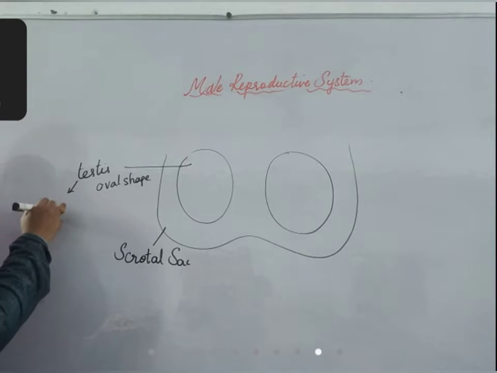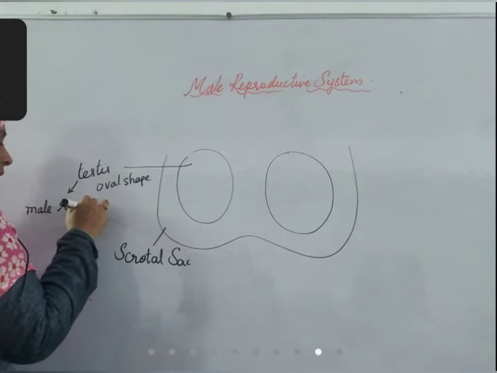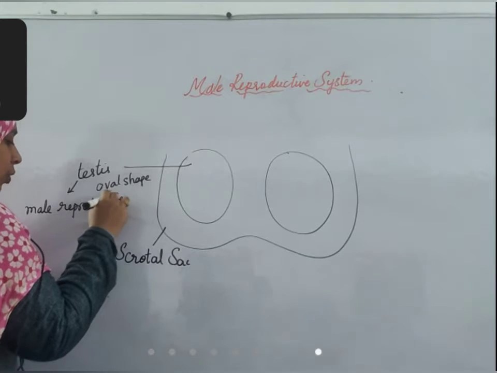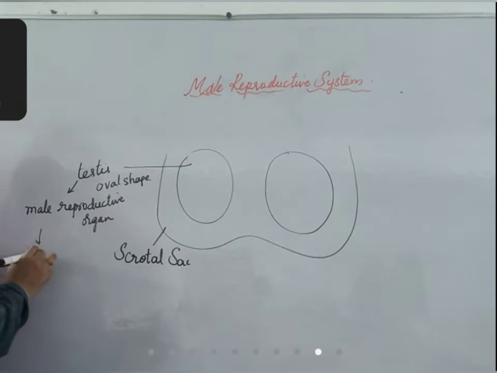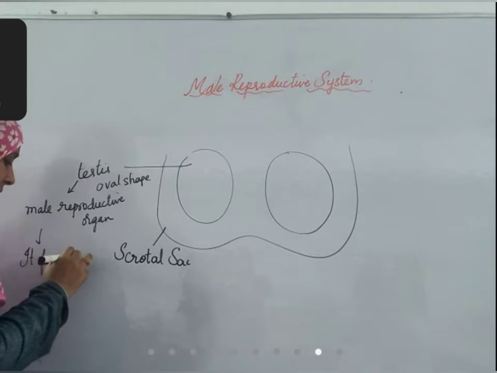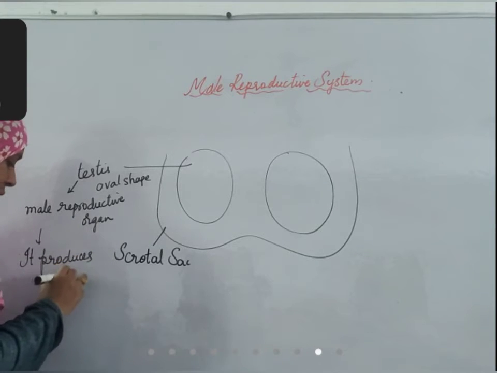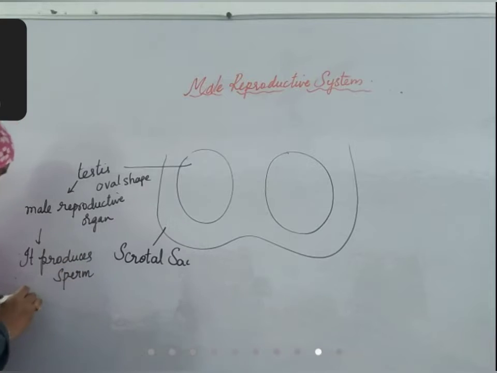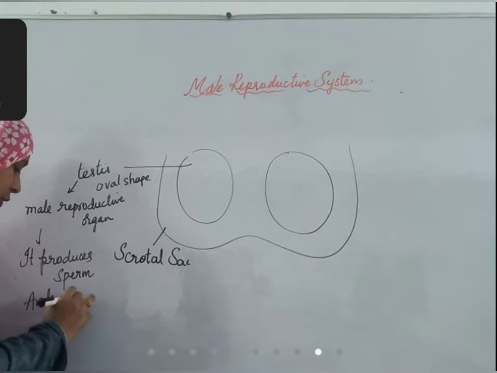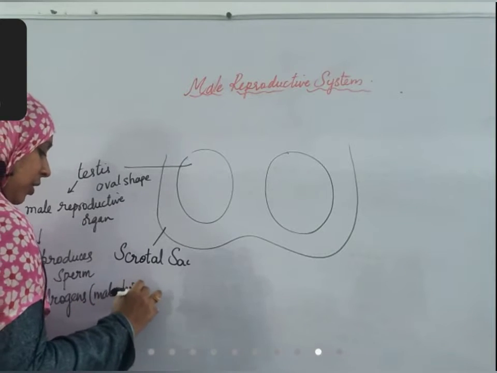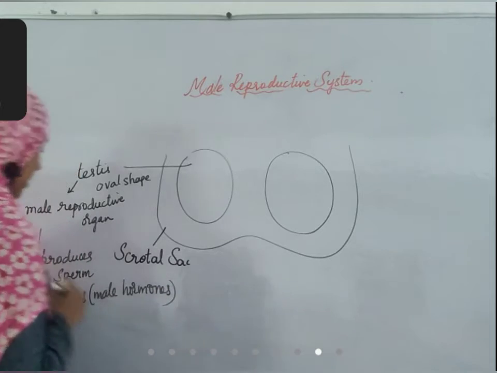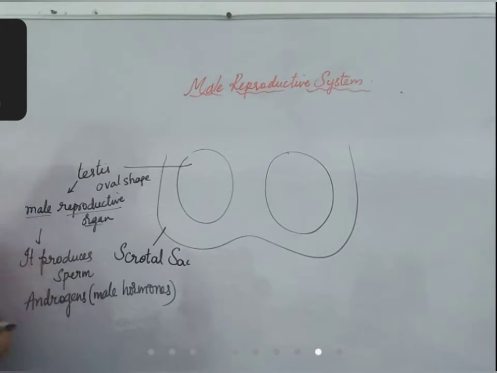It is a male reproductive organ. It produces sperm. Not only sperm, it also produces androgens. Androgens means male hormones are also produced here. So that is the reason it is called a male reproductive organ.